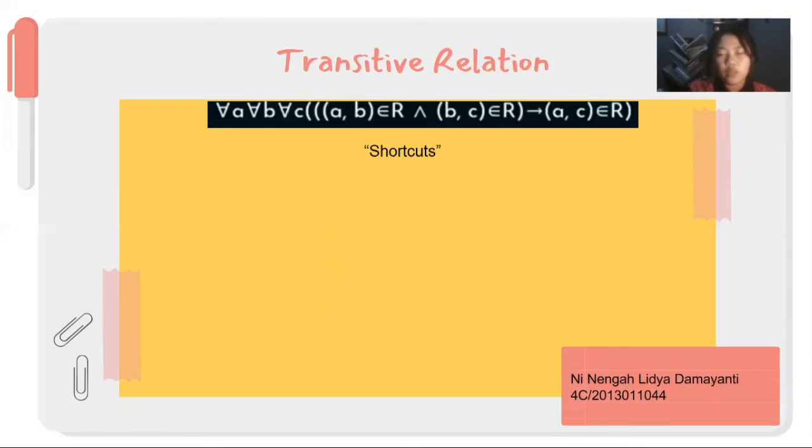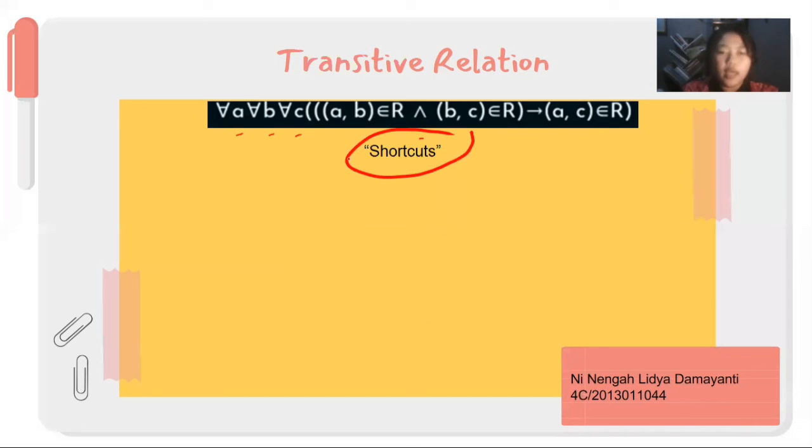Okay, and the last one, we'll talk about transitive relation. For all a, b, and c, if (a, b) belongs to R and (b, c) belongs to R, implies that (a, c) belongs to R. This relation is also called shortcut.